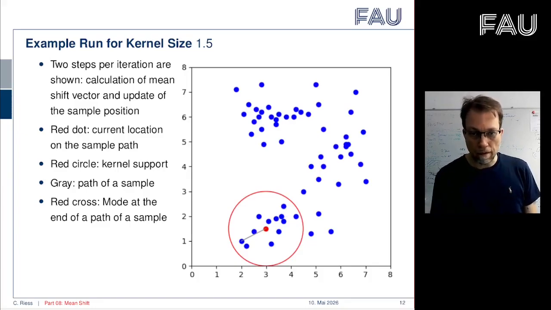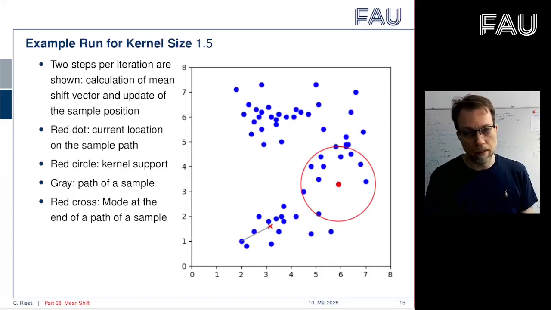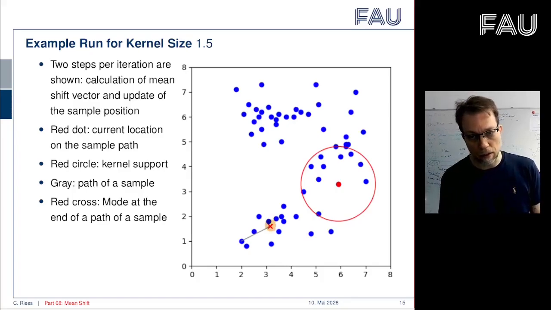Now, evaluating the gradient of that density in that location, we have a little bit here on the left. We have more on the right. So probably we move further right. It's a little bit, no? Let's check again. Now nothing changed anymore. This point converged to this location.